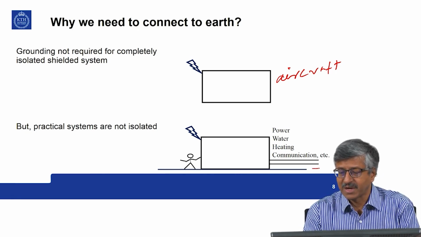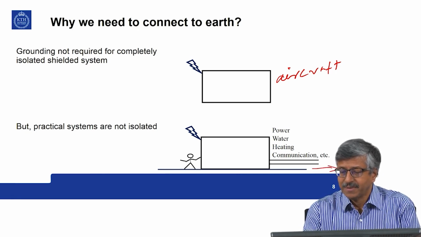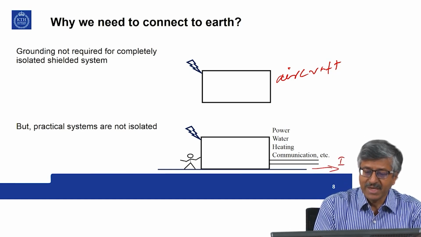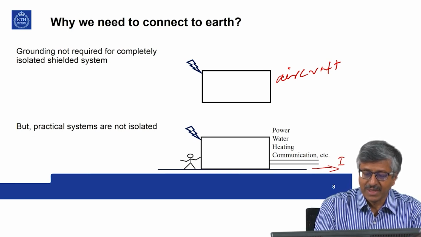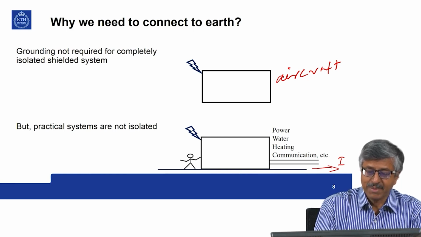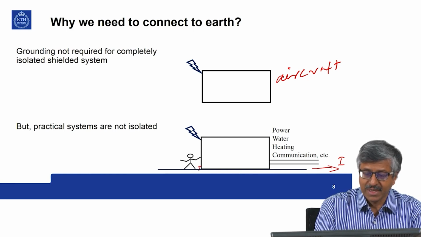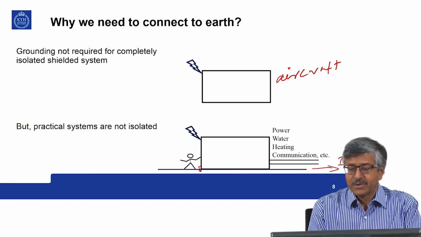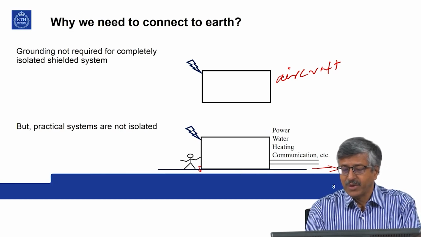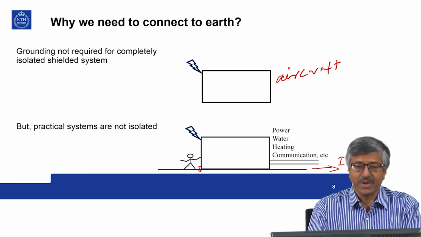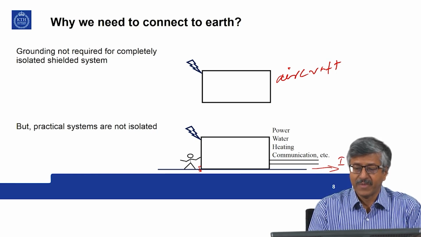So, for minimizing this you have to connect it to the ground and try to dissipate as much as possible here itself all the currents, so that only a small portion is going into the adjacent buildings. So, this is the reason why we need to have a good connection to the earth in non-isolated systems.